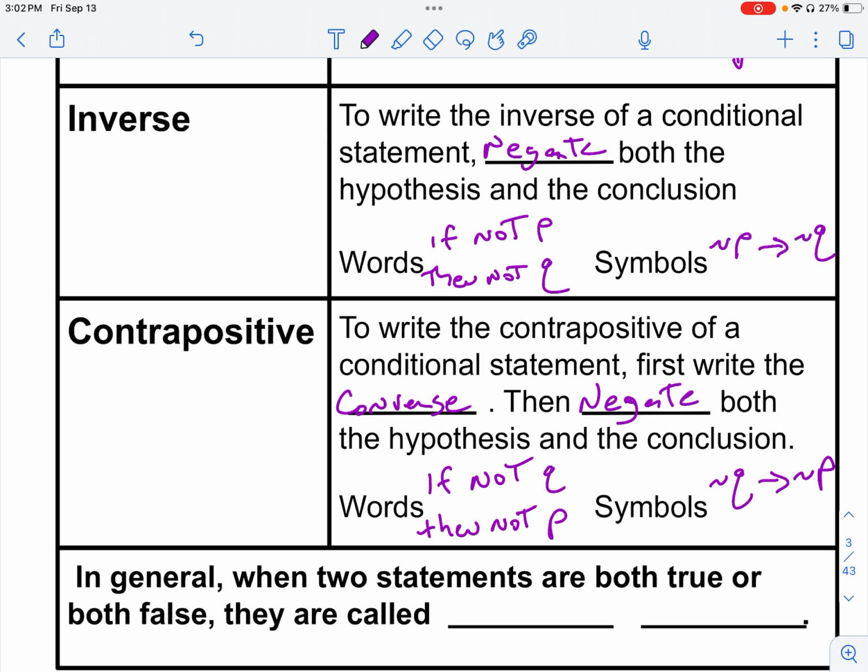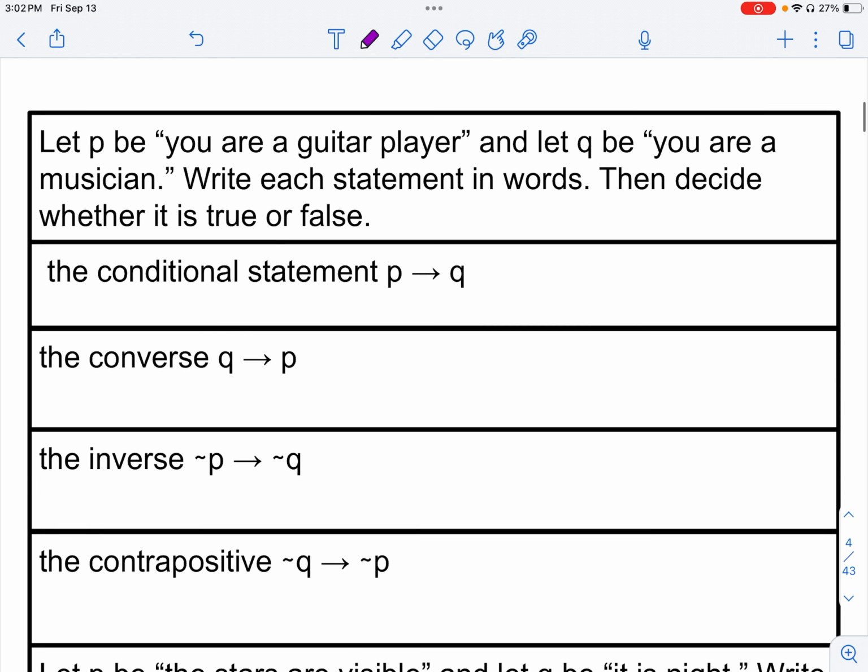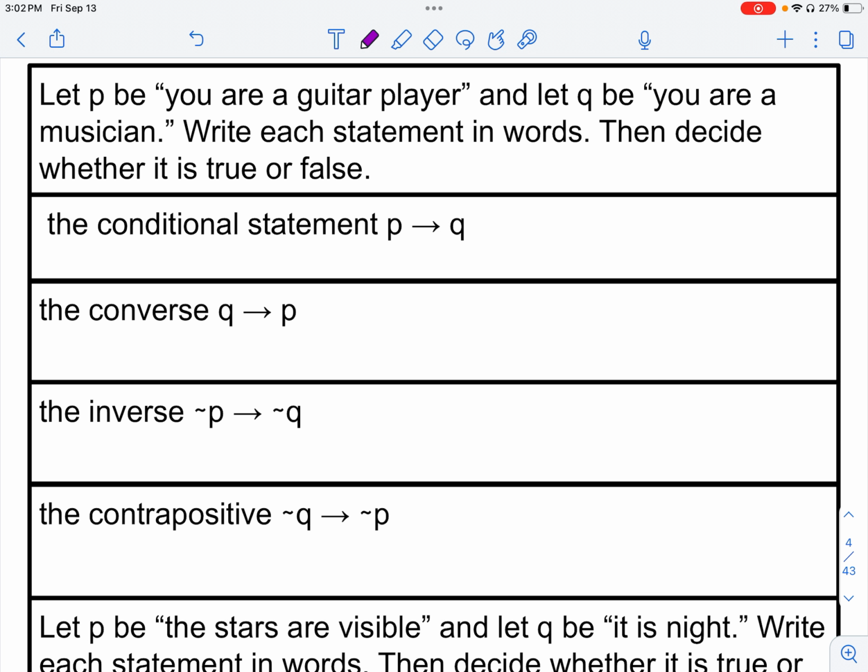And with these related conditionals, generally two statements are going to both be true or both going to be false. And those are called equivalent statements. And we'll see how those go here in just a second. In fact, let's do that now.